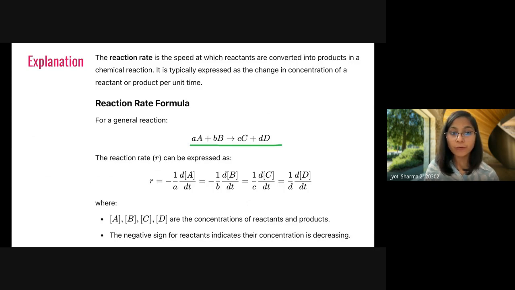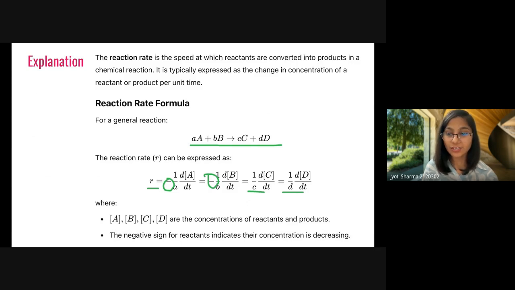Okay, so if you want to calculate the reaction rate, that is R, you have to do it like this. The minus sign is for the reactant, because the reactant is decreasing with time, but you have the positive sign for the product. And whatever the coefficient you had, you have to do 1 by a, 1 by b, 1 by c, 1 by d, like this.